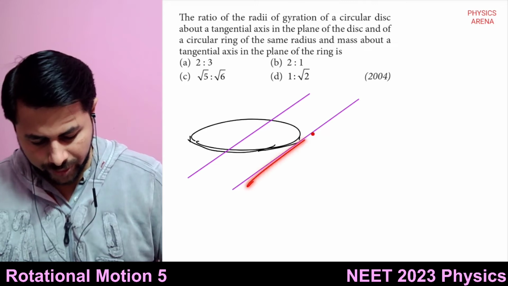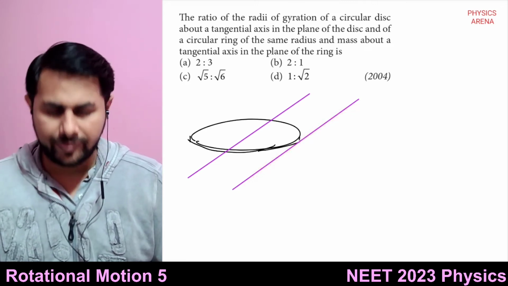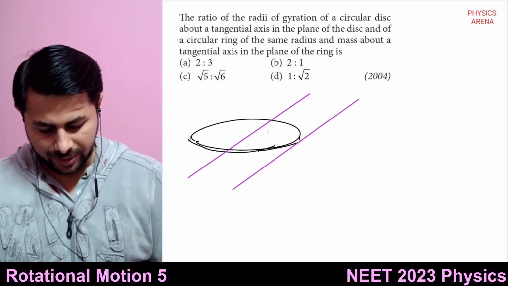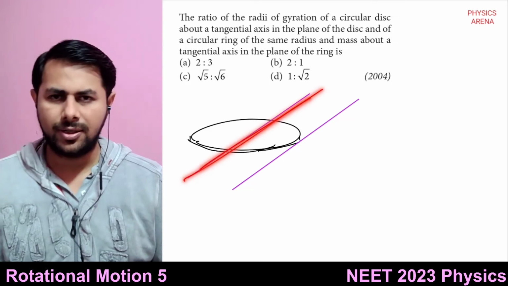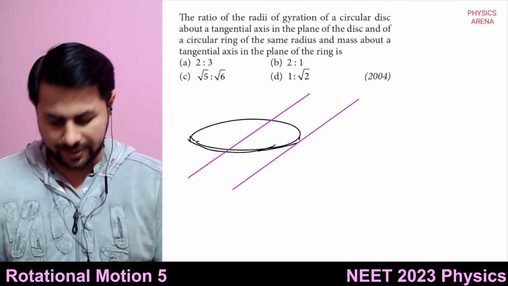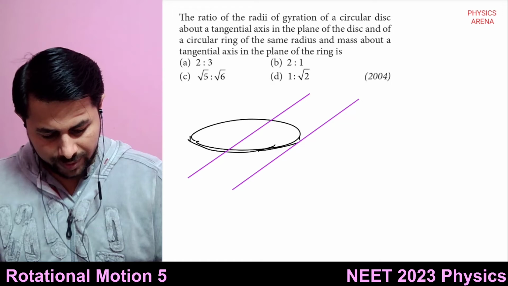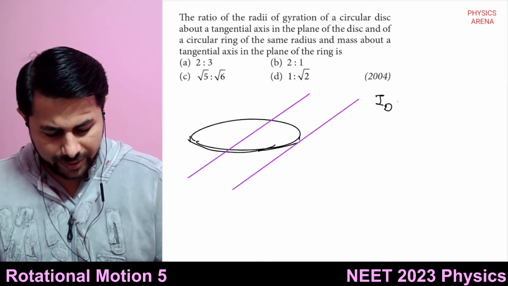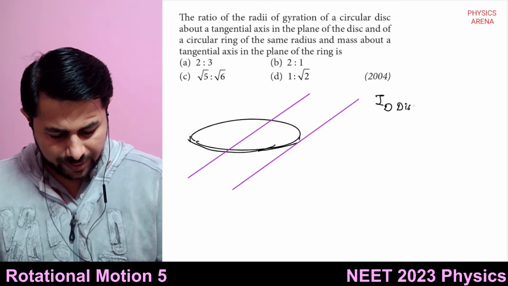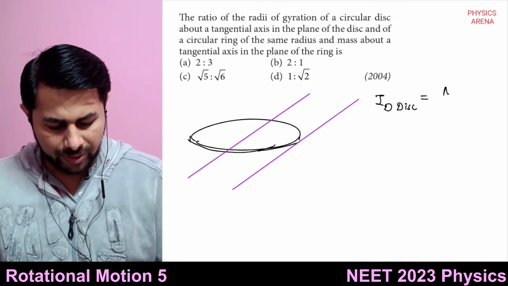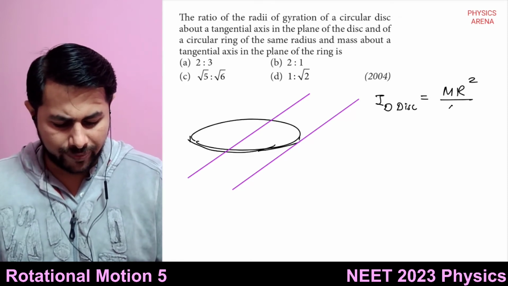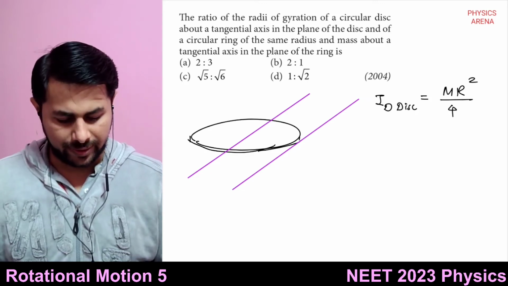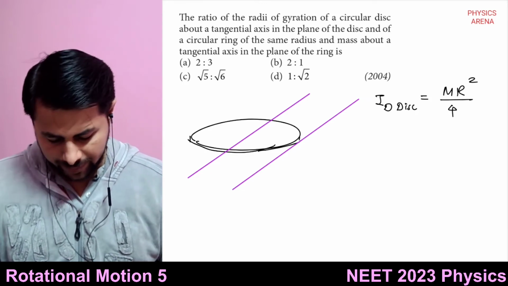So first of all, we want to find out its moment of inertia about the tangential axis. So we had found this moment of inertia about diametric axis for a disk, I suffix d for a disk, is equal to mr square divided by 4. We have solved this, okay, in today's lecture itself.